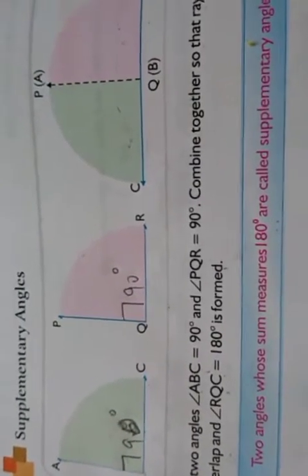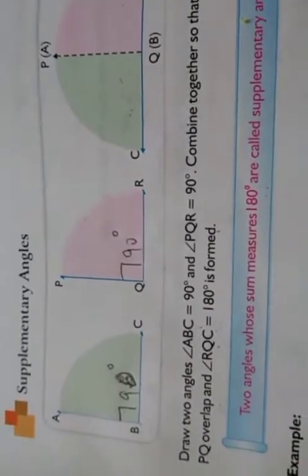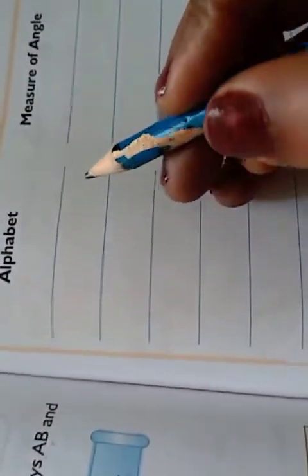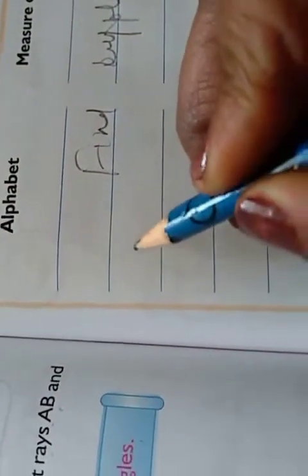Okay, if you are asked to find and write the supplement of 70 degree, here you will write the property.